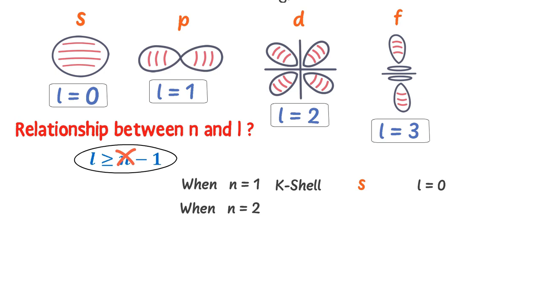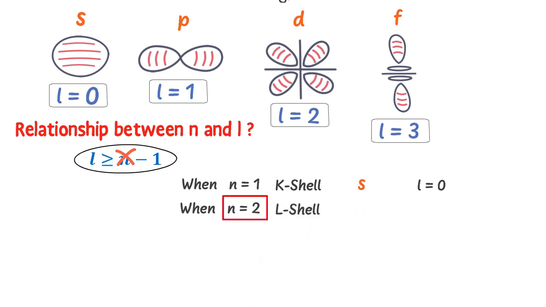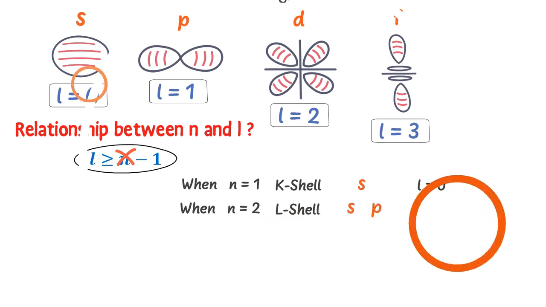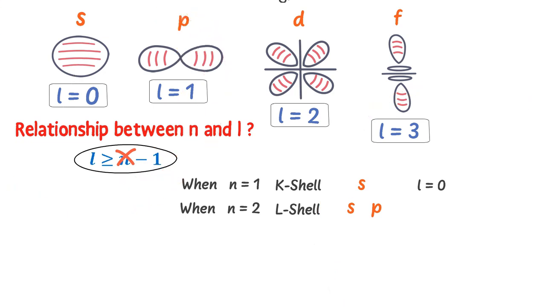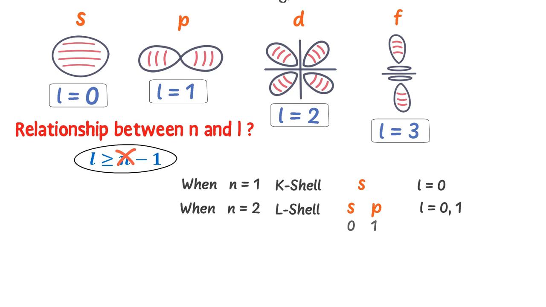Secondly, when n is equal to 2, it is L shell. n is equal to 2 means that L shell has 2 sub-energy levels s and p. And we know that we start sub-energy levels from 0 as 0 and 1. Thus when n is equal to 2, l is equal to 0 or 1.